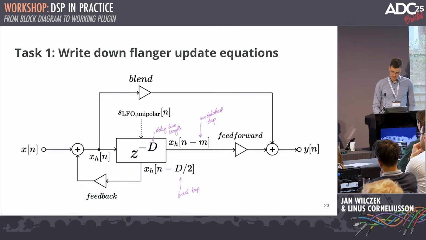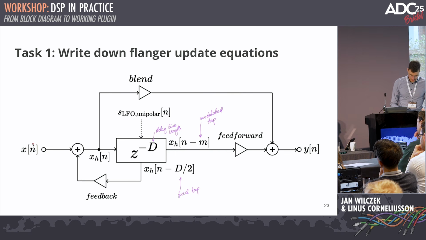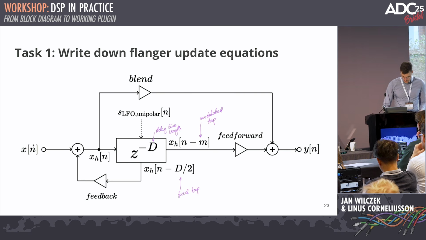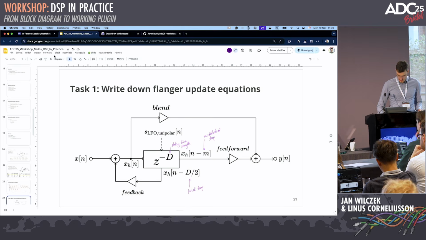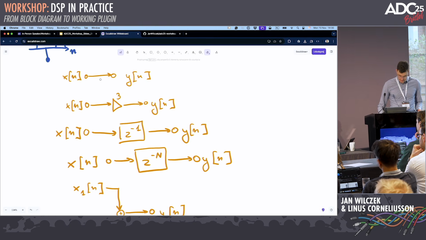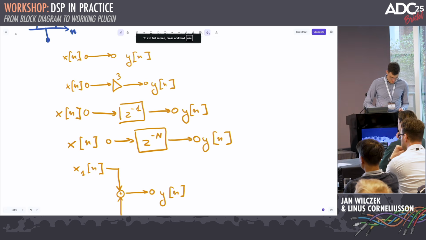So a relation between the output y and the input x. And now, instead of leaving you with this task of writing the difference equation here, I'd like us to attempt to do this together on some simpler examples.